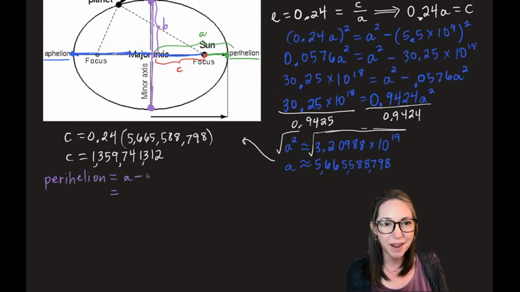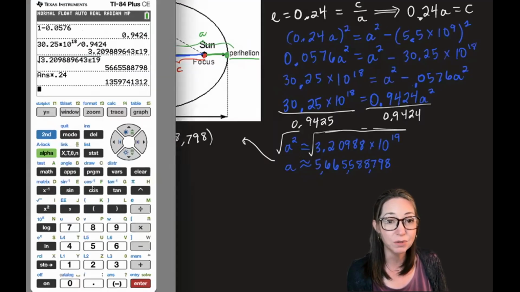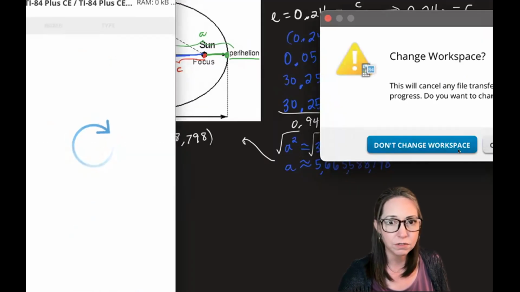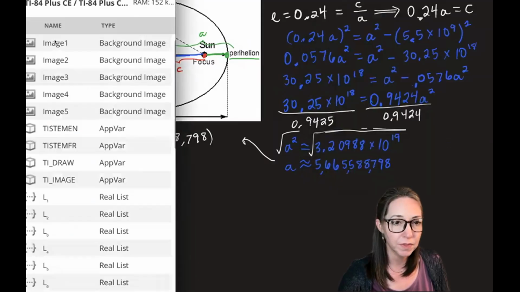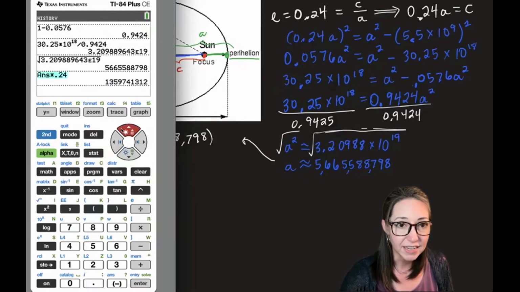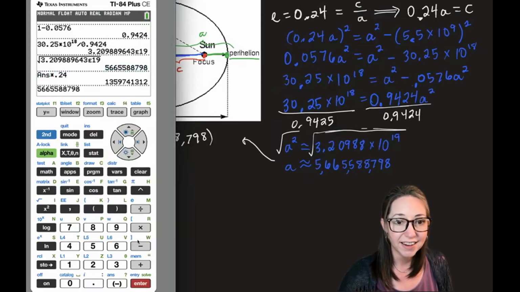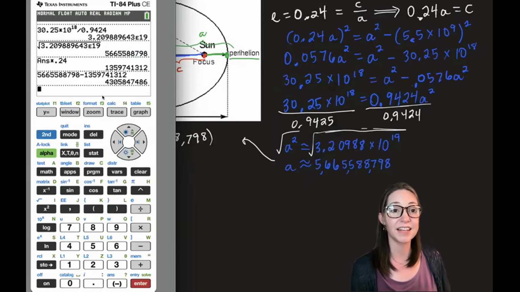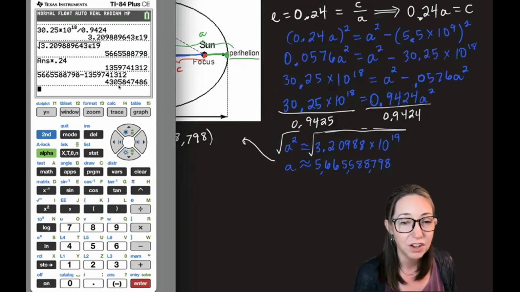Whoops. a minus c, right? So let's subtract those two numbers. We're going to just reuse the numbers. We're going to go back here. So I go up and subtract that. There we go. And we get, that's the closest that it gets, right, to the sun.